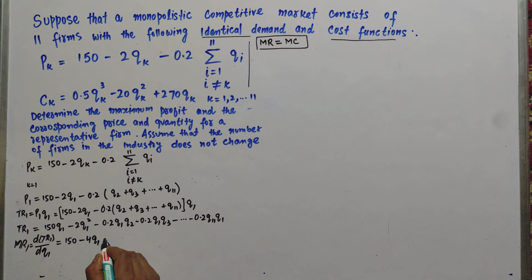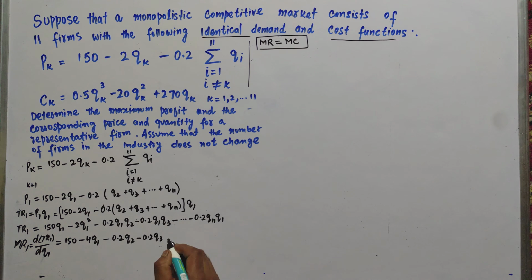In the same way, minus 0.2, the derivative of Q1 is 1, so we are left with Q2, minus then again we have 0.2 Q3, minus so on up to 0.2 Q11.